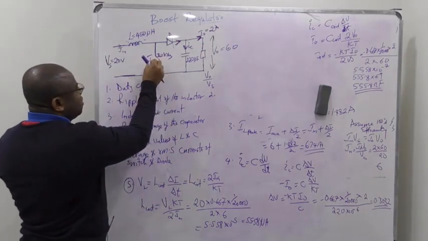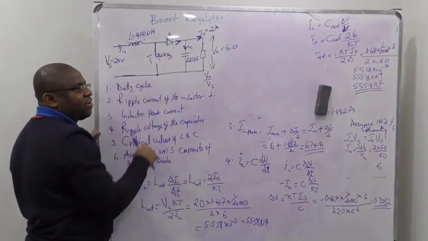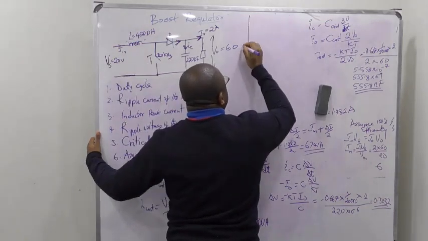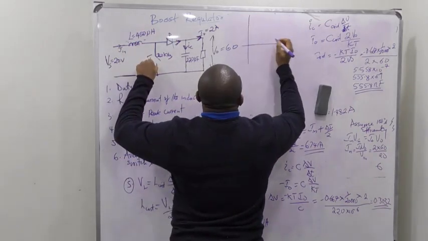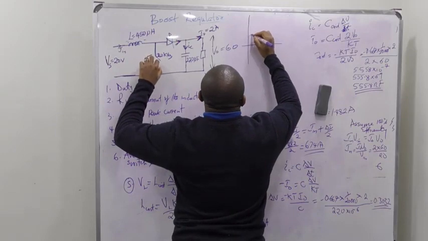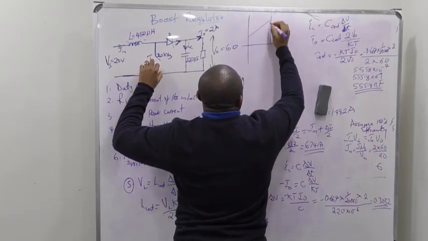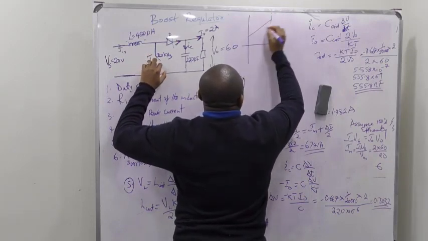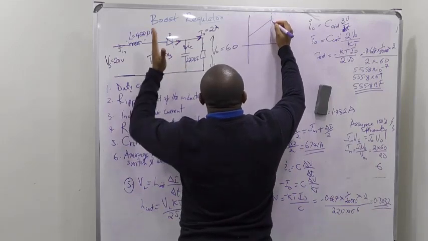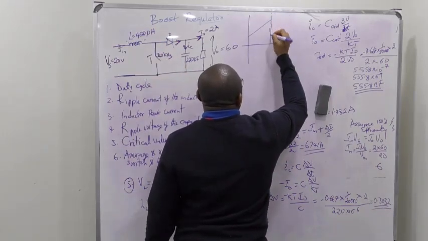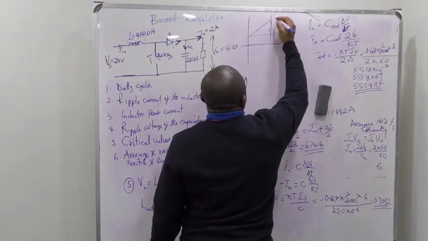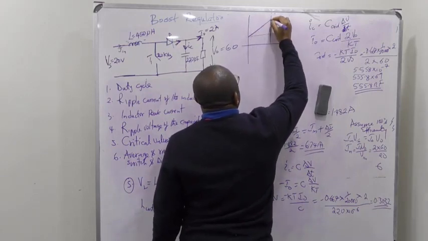Current flowing through this switch looks the same way. Remember, it goes like that at time of on, so this builds up, and that's all. At time of off, if we switch off, there's no current flowing through there. So you only have that.